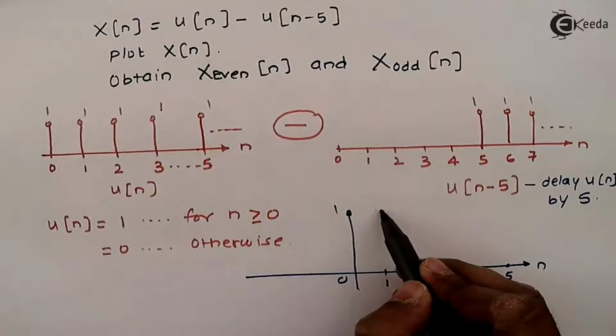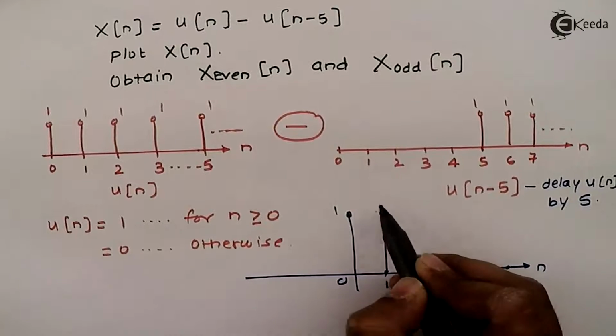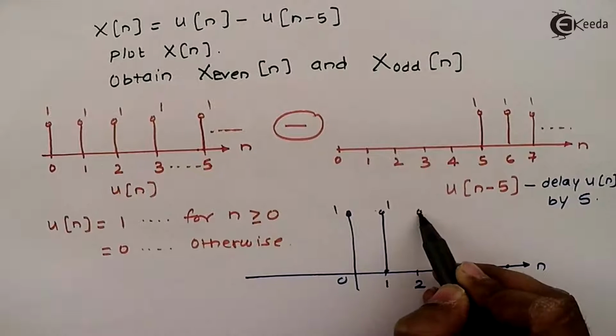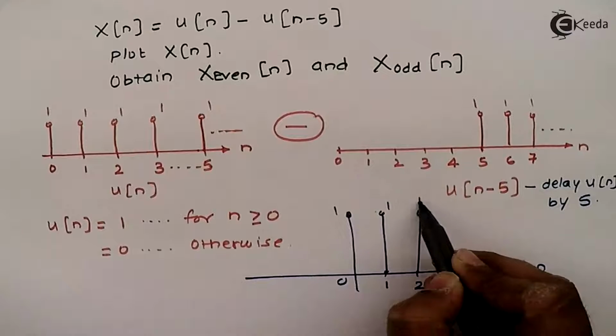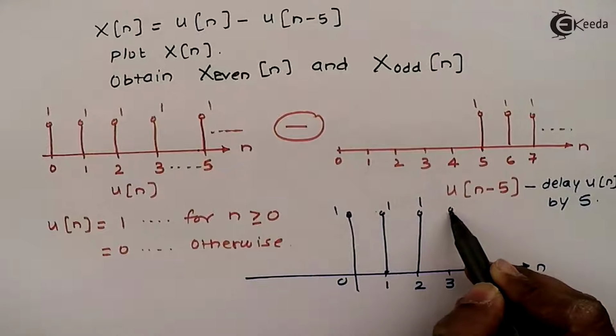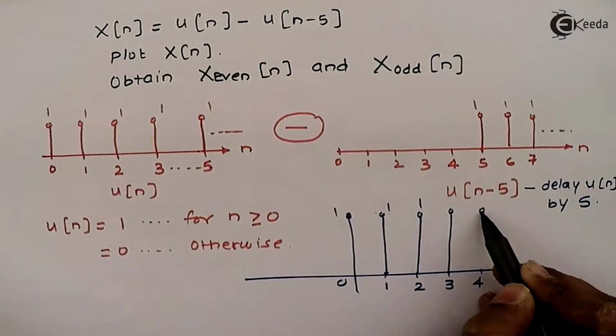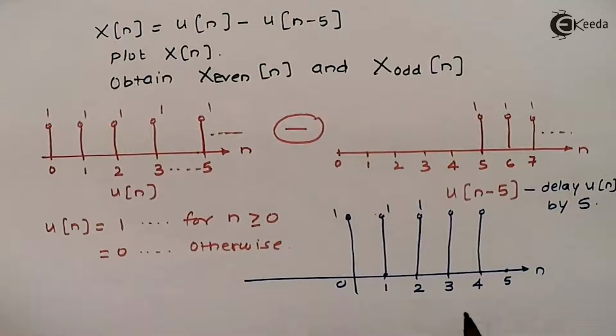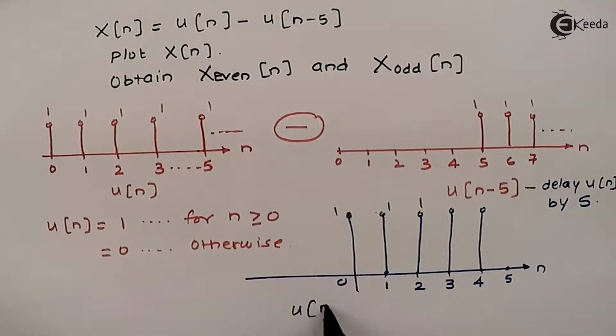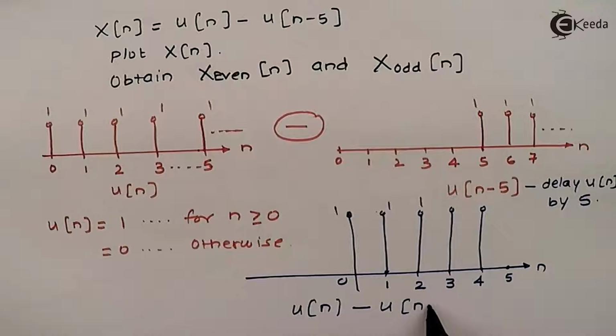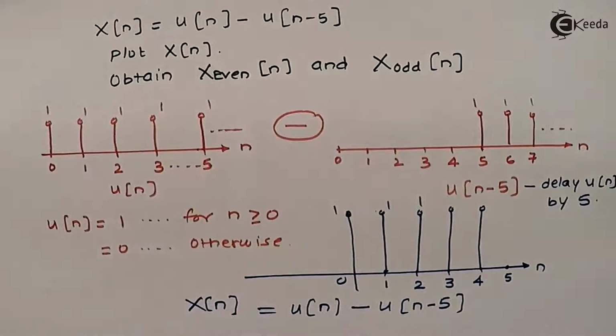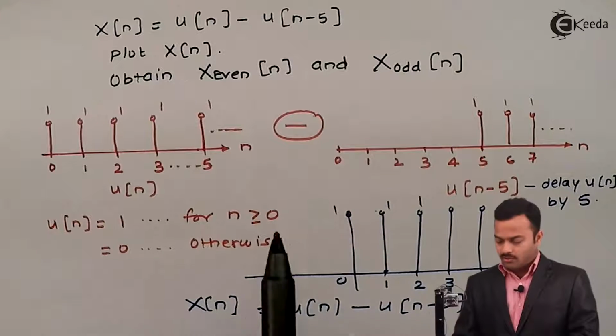So this is 1, this is also 1, 1, 1 and 1. So this is our u of n minus u of n minus 5, which is nothing but x of n.